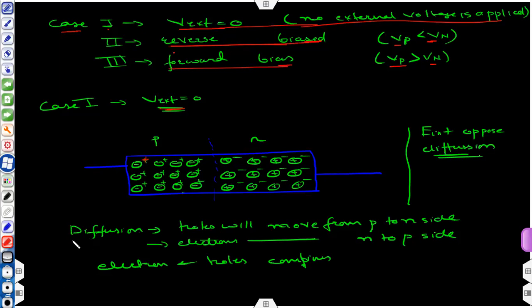So there is one term called diffusion. You might have heard this in your plus 2 chemistry. This is defined for gas molecules. So diffusion is something like, suppose you have some room, and if you release some gas molecules in one of the corners, these gas molecules will try to distribute in the room uniformly. Okay, this is high density region initially.